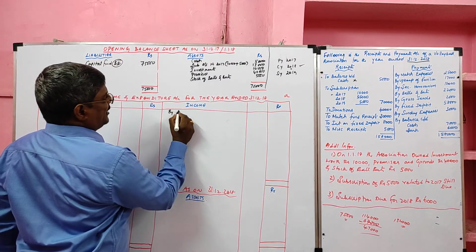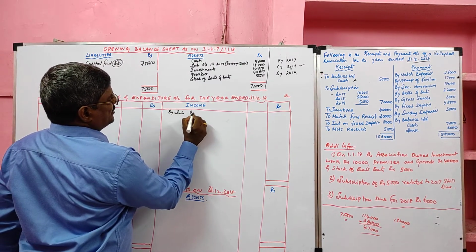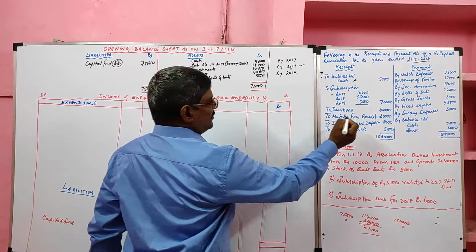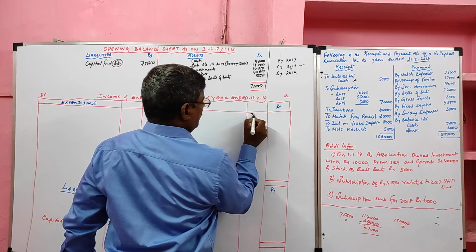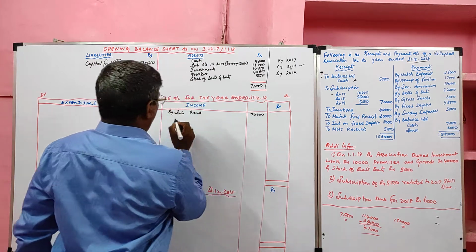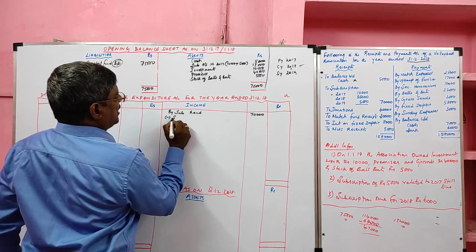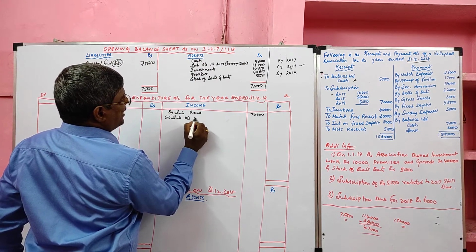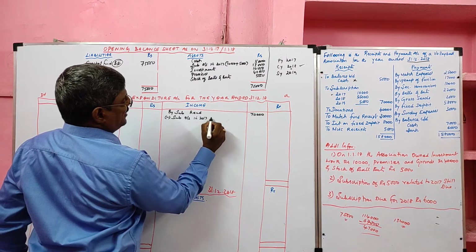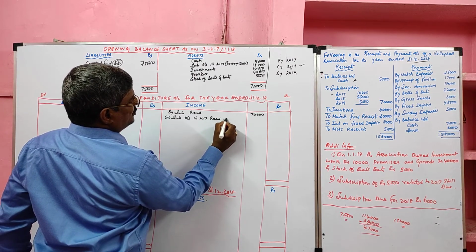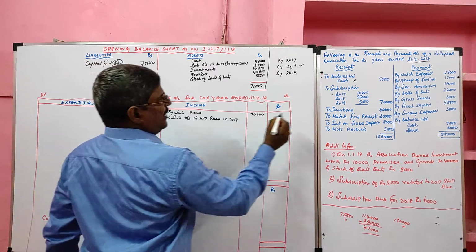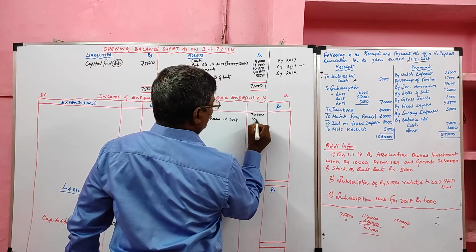Then subscription received is a revenue receipt. It will be recorded in the income side as subscription received. Totally how much we received? 70,000, of which subscription outstanding in 2017, received in 2018. Last year outstanding, current year received, how much? 10,000.